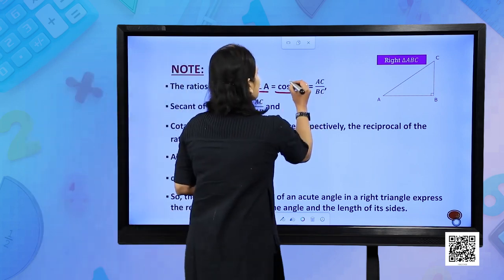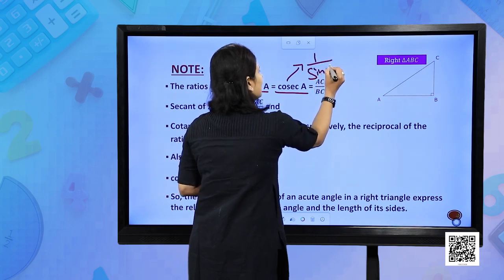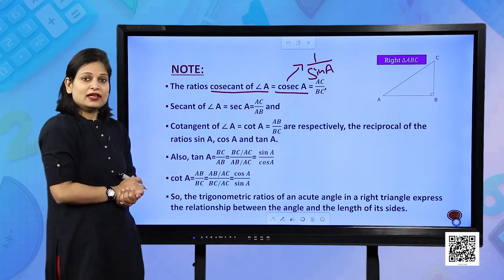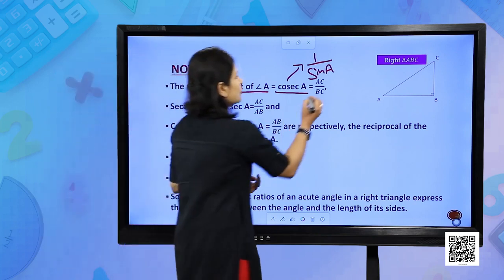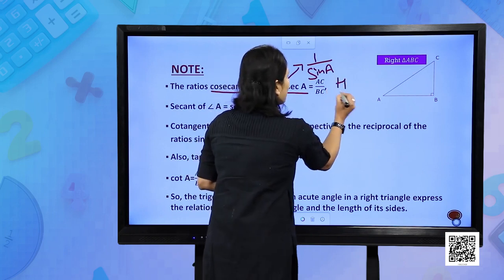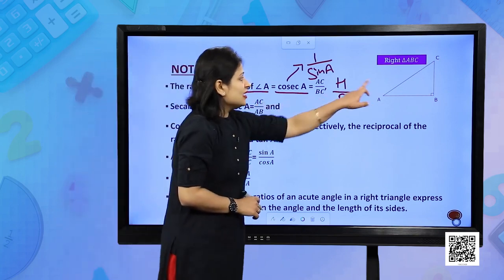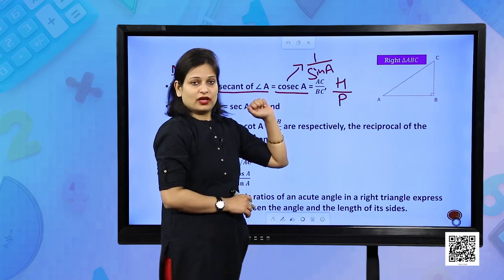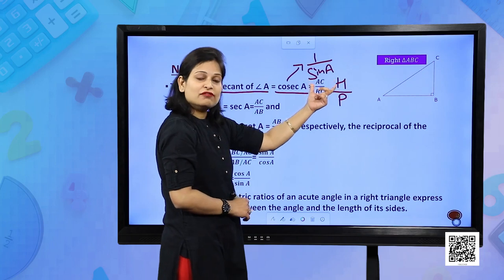Means cosec A can be written as 1 upon sine A. As we learned in the previous slide, sine A is perpendicular upon hypotenuse. So, cosecant A will be hypotenuse upon perpendicular. As you can see, AC is the hypotenuse and BC is the perpendicular over here.